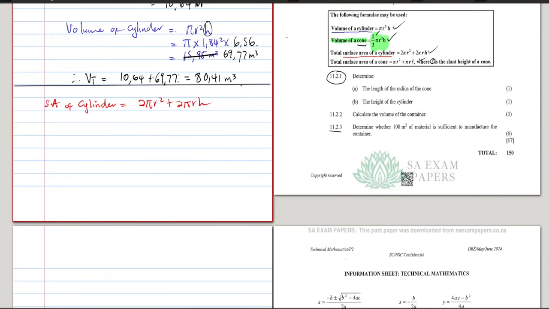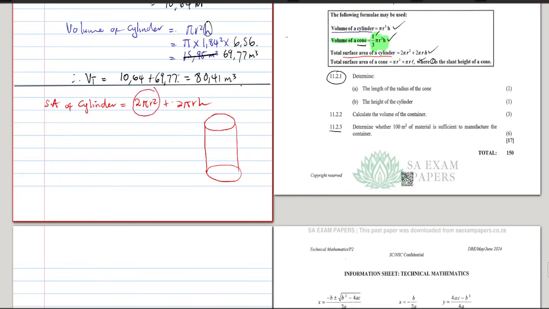Okay, so the surface area of the cylinder doesn't include this part. A cylindrical shape is like this.